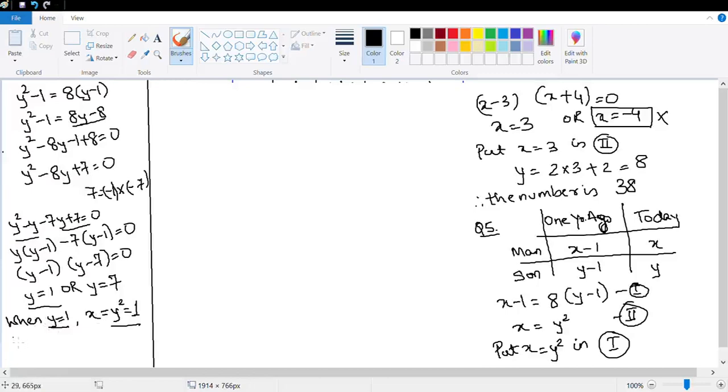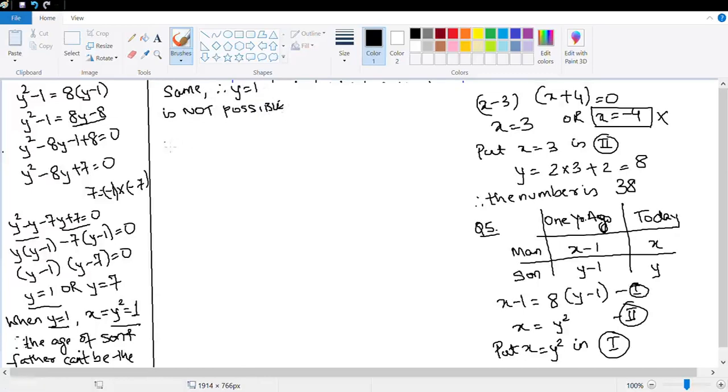So let's write the reason. Since the age of son and father can't be the same, therefore y is equal to 1 is not possible.